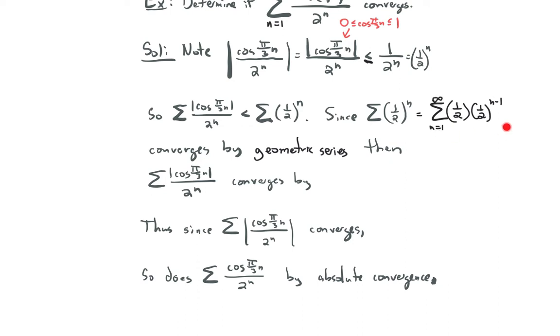But we know this is indeed a geometric series, so it converges as long as our ratio is less than 1 in magnitude, and it is. So we know this converges, since we have the sum being less than a convergent series by the comparison test.